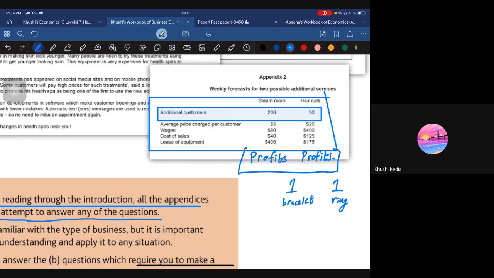But then again, what was written in the case was that most of the people in the market in which they are selling are low income earners. The company itself was selling low price products like this bracelet, and they had no experience of selling a product like a ring.